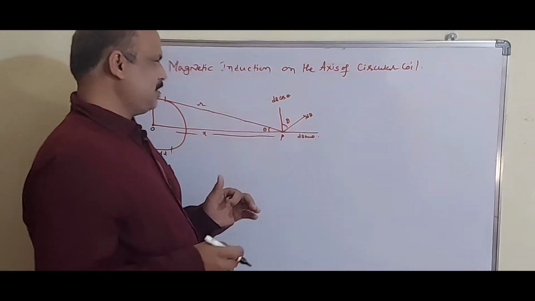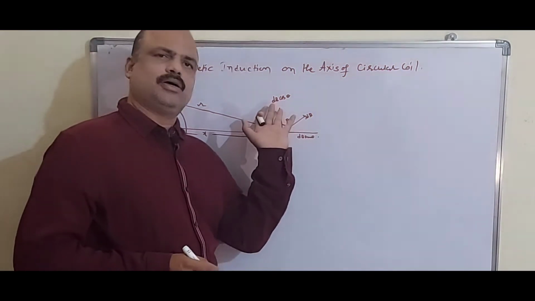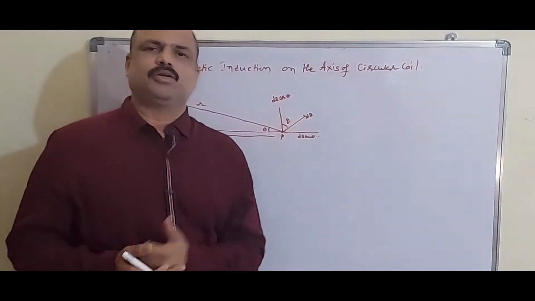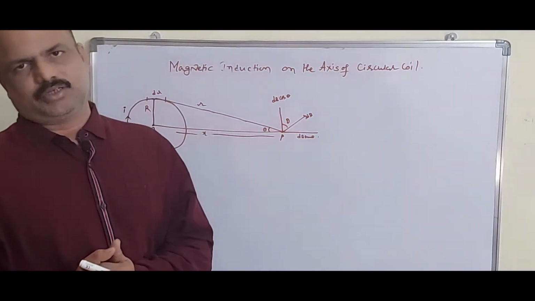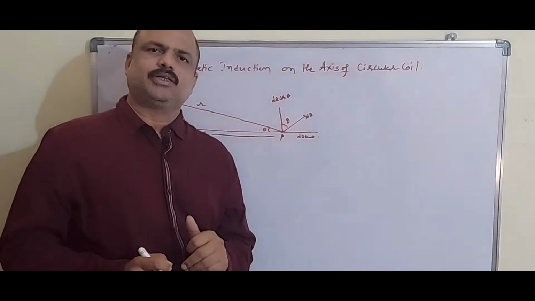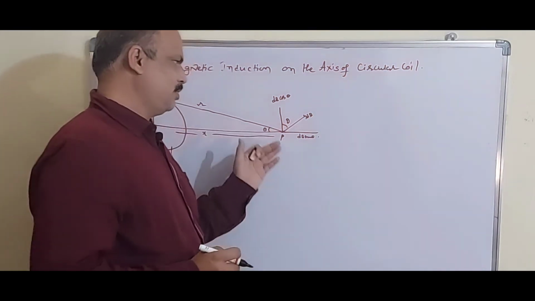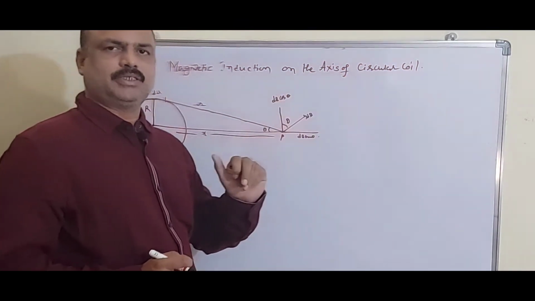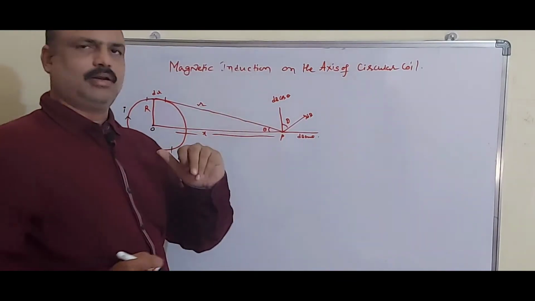Here the dB cos theta components are equal in magnitude but opposite in direction, so they cancel each other. Only the dB sin theta components are in the same direction along the axis, so they add up.